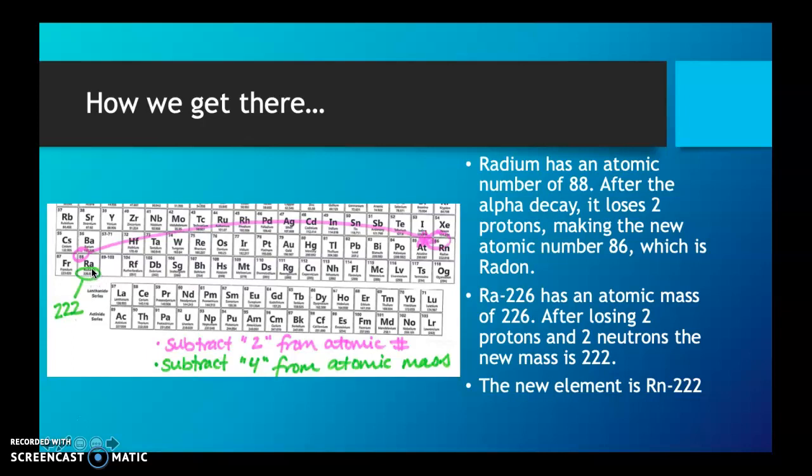Then if we looked at the mass, it was 226, but because we lose 2 protons and 2 neutrons, so a total of losing 4, 226 minus 4 leaves us with a mass of 222. So the new element that is created is radon 222.